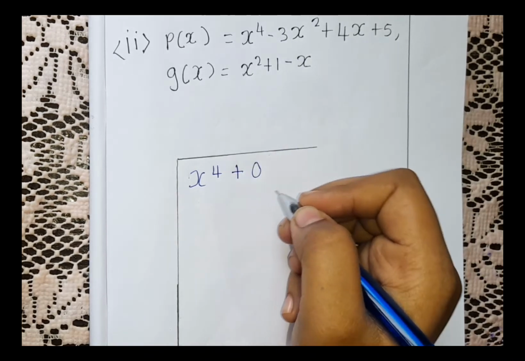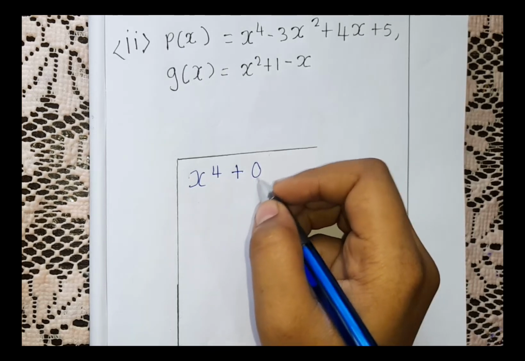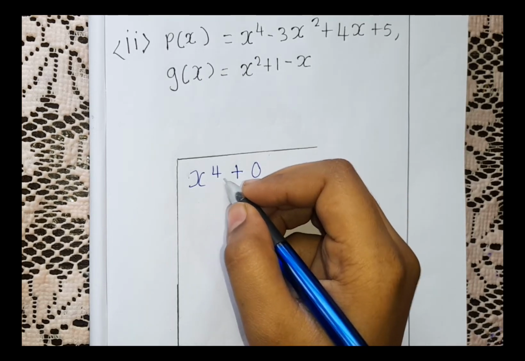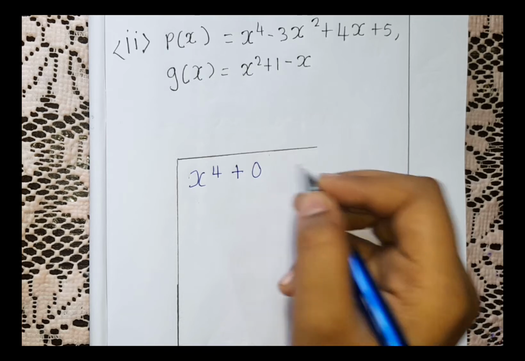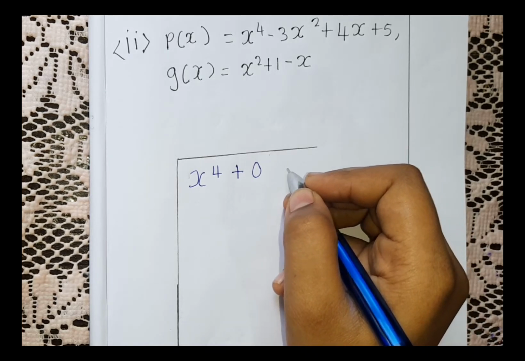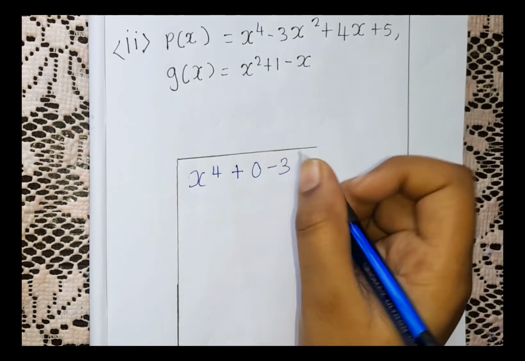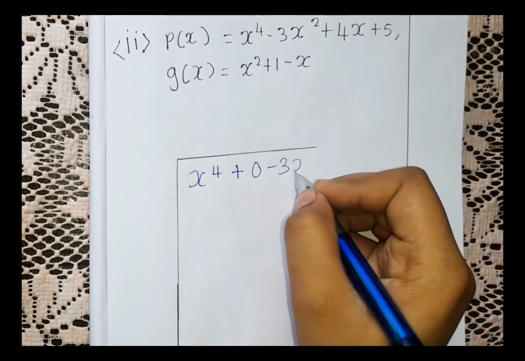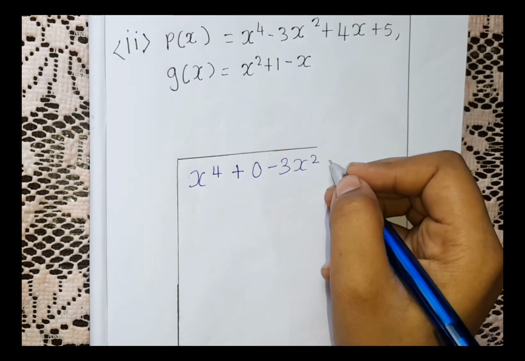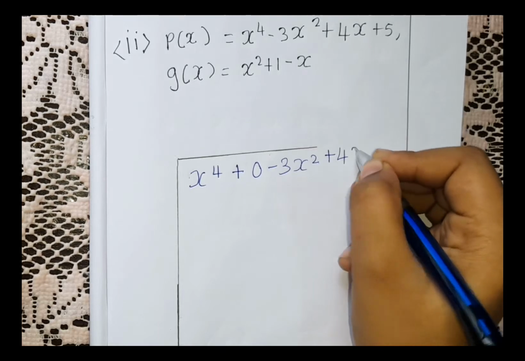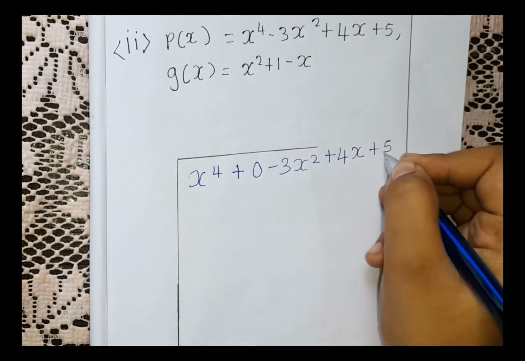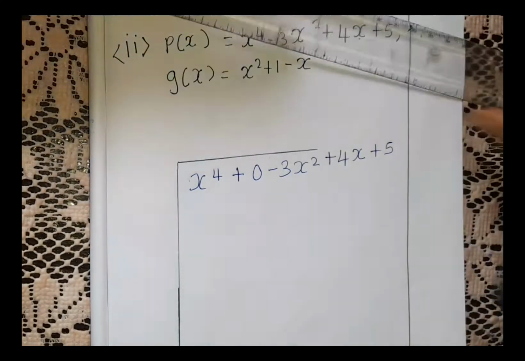Why? Because that is the rule. After 4 we are supposed to write cube, after cube we write square, then 3x square, plus 4x, and at last the constant term.